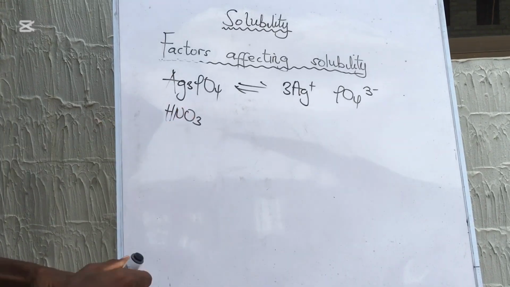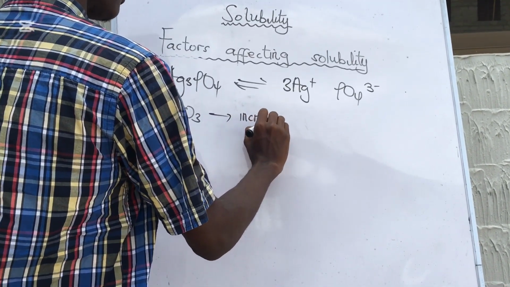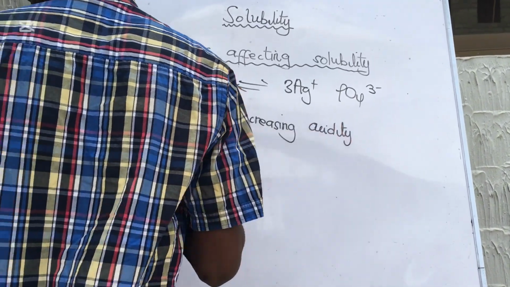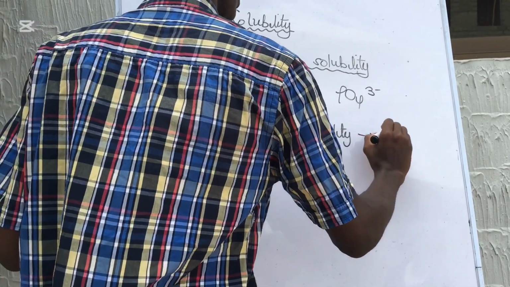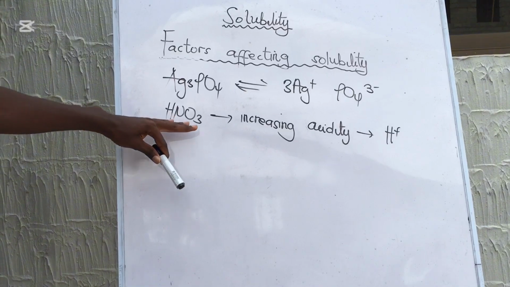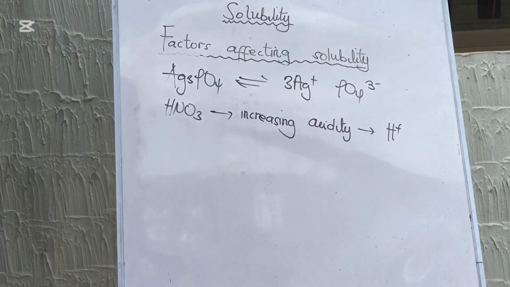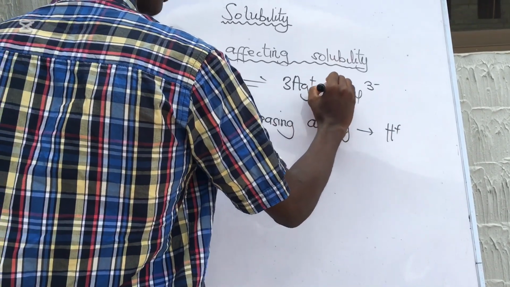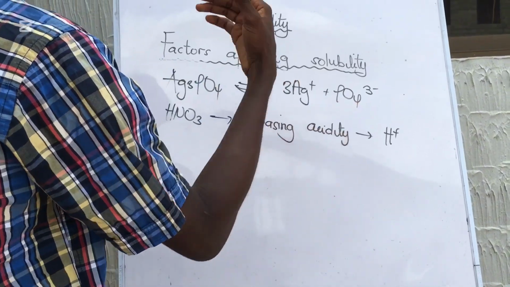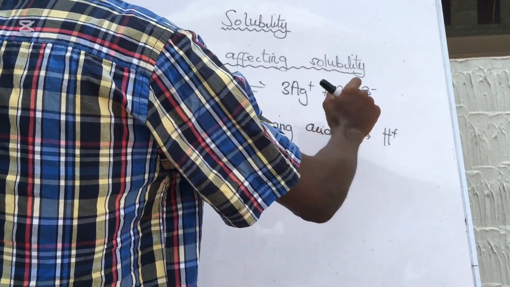So now let's look at it. If you add HNO3, HNO3 is an acid. Adding it, you are increasing its acidity, and if you are increasing its acidity, you are also increasing the content of H plus. So if you add HNO3, the general idea is that you've added H plus to it. Now, if you add H plus to this particular salt solution, the conjugate base here, since this is from a weak acid, will be very strong.